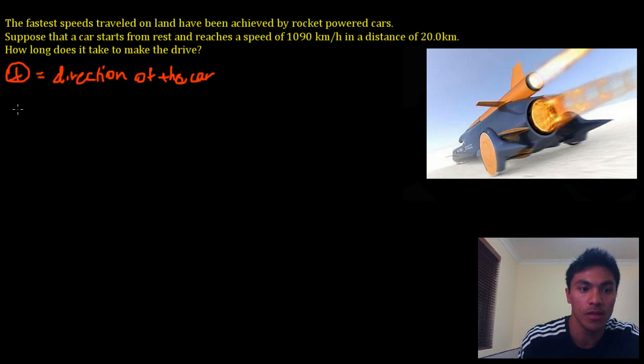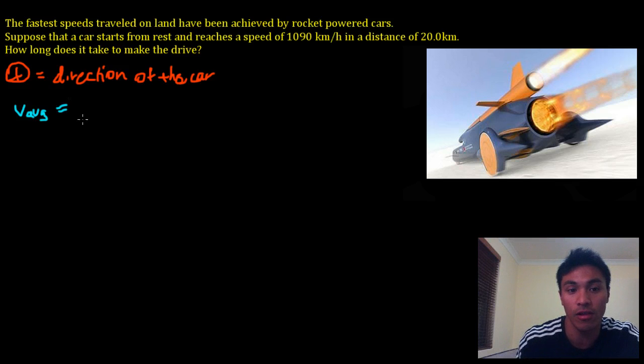So here, it's given us speed, but because now we've given it a direction, it's actually now the velocity. Because we're only given the distance, we're given velocity, and we want the time, we can calculate that it's average velocity. Now when you're calculating average velocity, you're assuming that in the entire 20-kilometer distance, the velocity is constant the whole way.